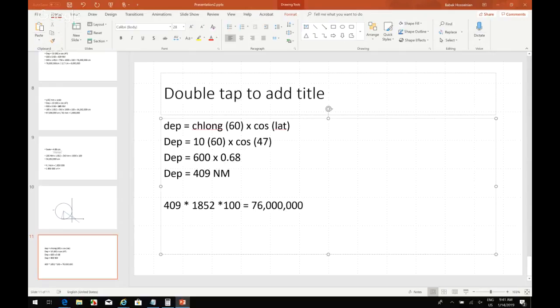Okay, so that's centimeters. And we want to divide that by 12.7. So 76 million divided by 12.7 centimeters equals approximately 6 million.